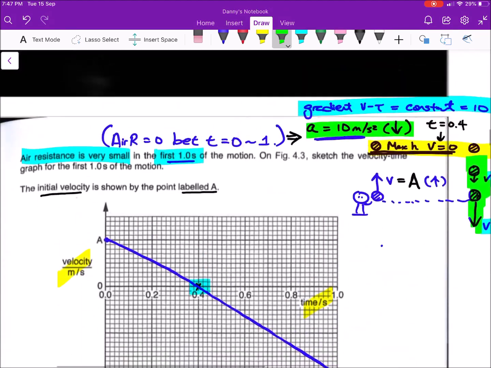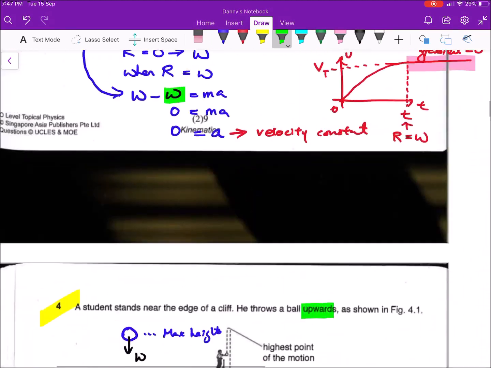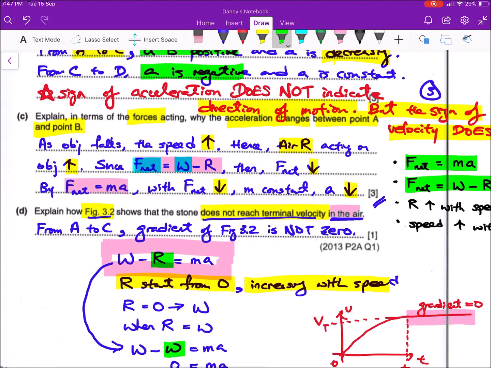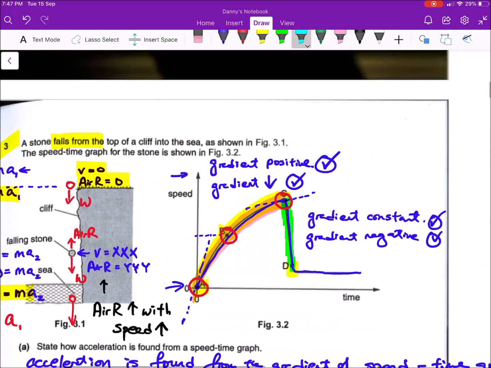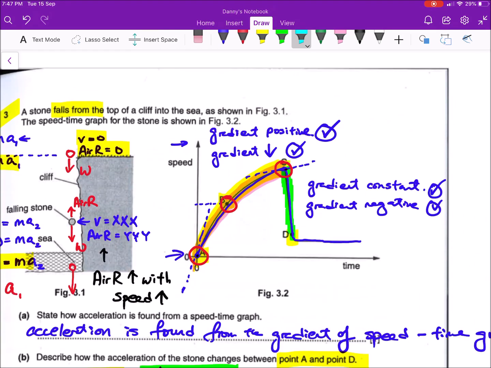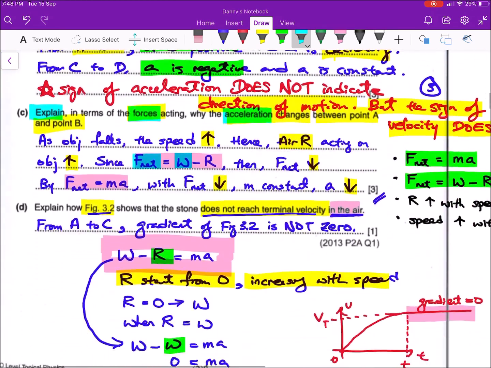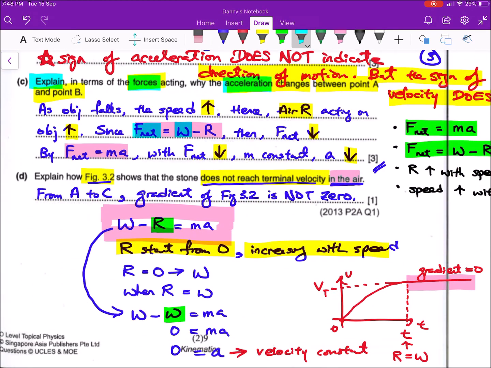You can see here, explain in terms of forces why acceleration is not constant, because between A and B, the gradient is not constant. Can you see that this question is being repeated and it is 3 marks?